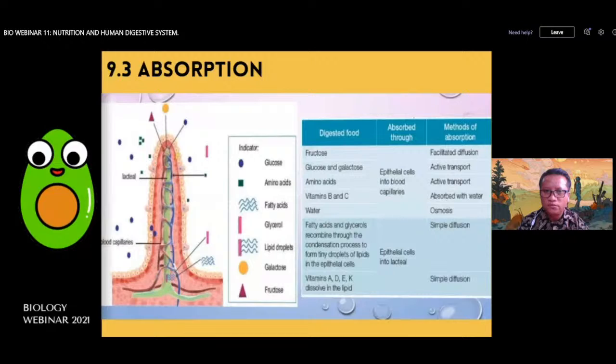Fructose will be absorbed into the small intestine by facilitated diffusion, glucose by active transport, amino acid by active transport, vitamin B and C by water, and water will be absorbed by osmosis. Okay, and then the fatty acid and glycerol will be absorbed into the villus by simple diffusion. The same thing goes for vitamin A, D, and K.